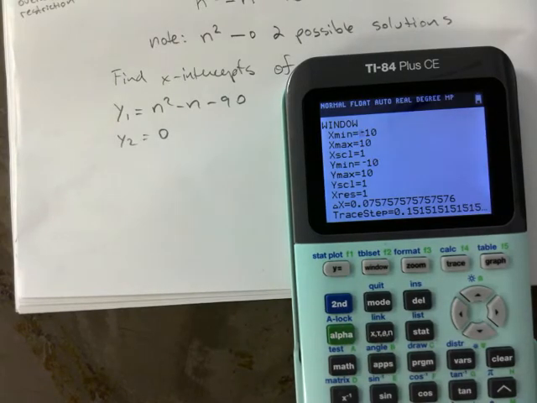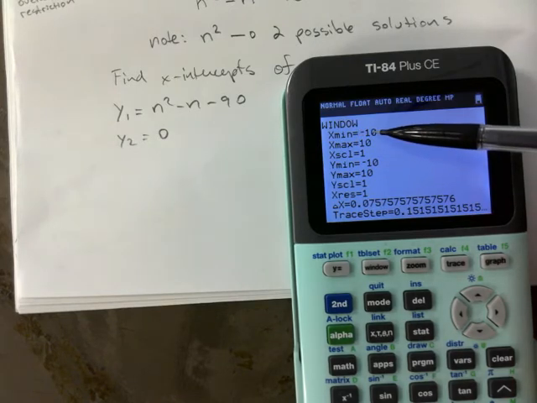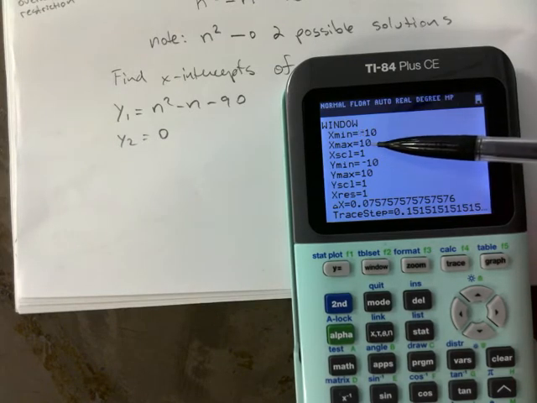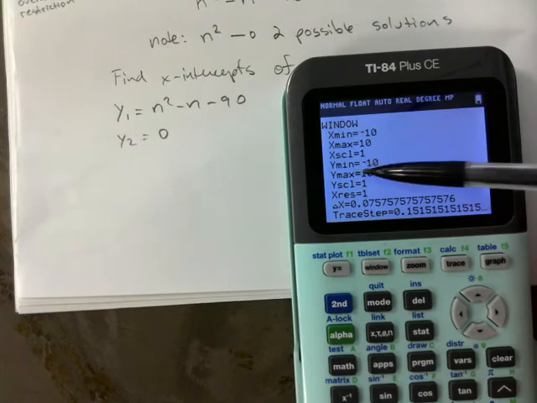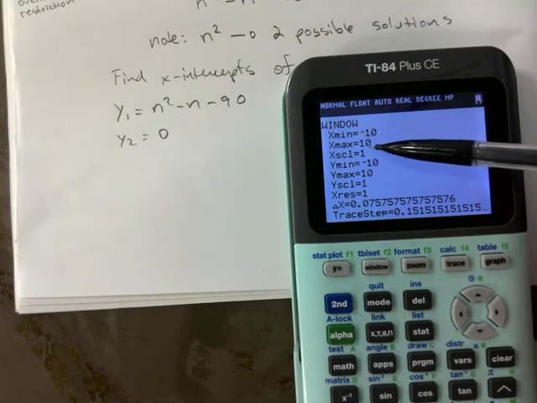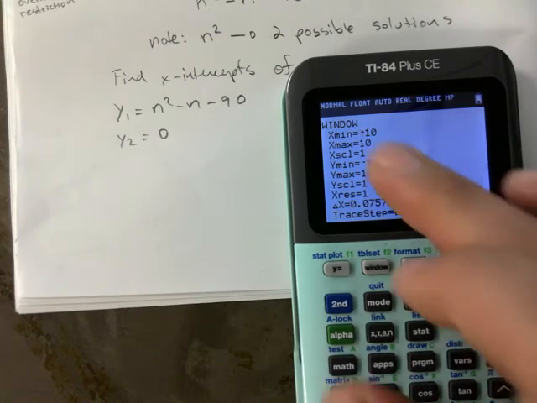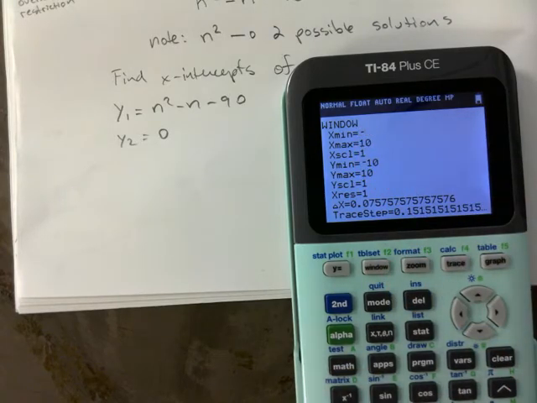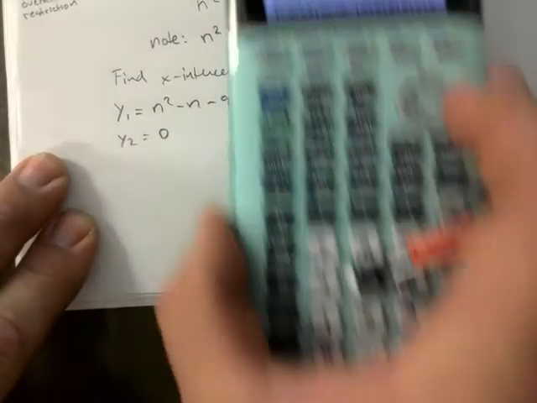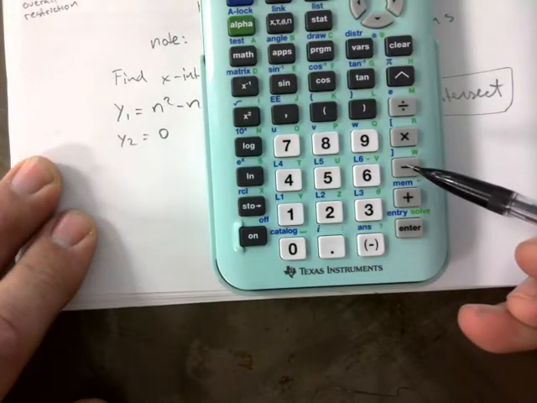Because we pressed standard zoom, the standard zoom is -10 to 10 for your x-axis, -10 to 10 for the y-axis. Just focus on x-min, x-max, y-min, y-max. That's all you focus on in this course. So I'm going to go to my y-min and I'm going to go -20. Not minus, guys. Watch. Do not use this one.